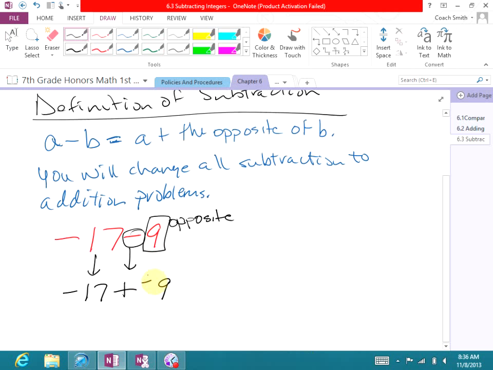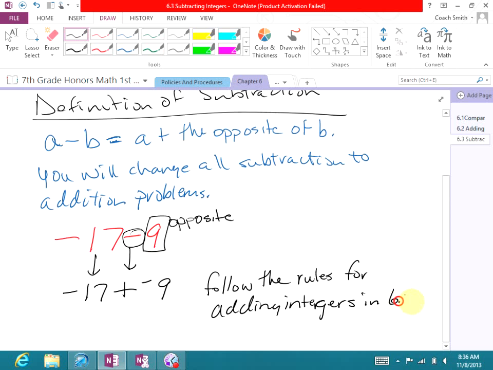Now, once you've done that, you follow the rules for adding integers in 6.2.